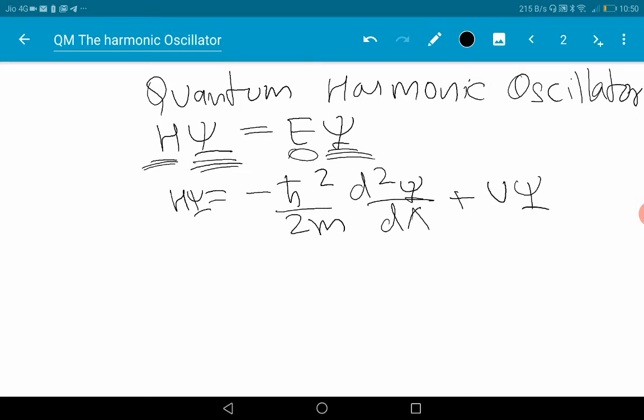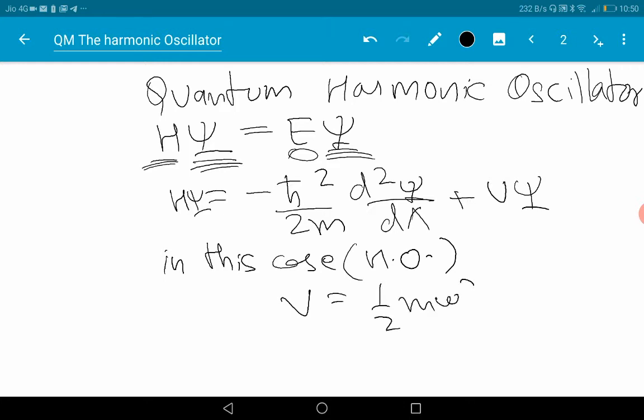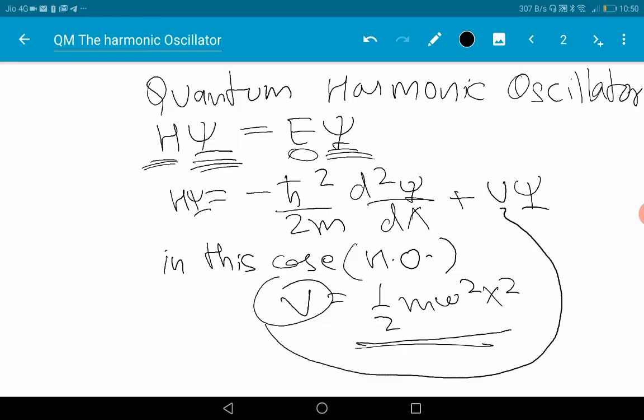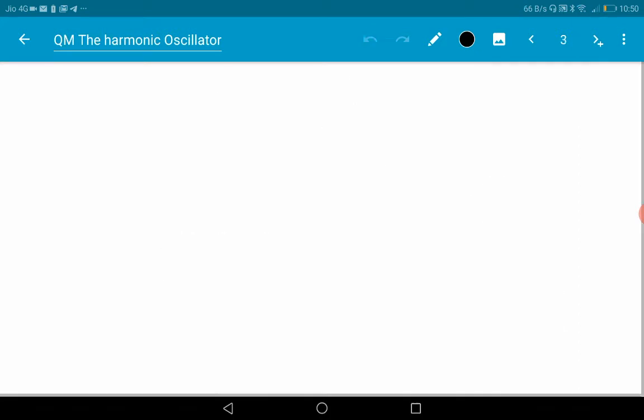So in the harmonic oscillator case, V is equal to half m omega squared x squared. So we'll put this value of V here, and then we just have to solve this differential equation and we can get the values of energies.